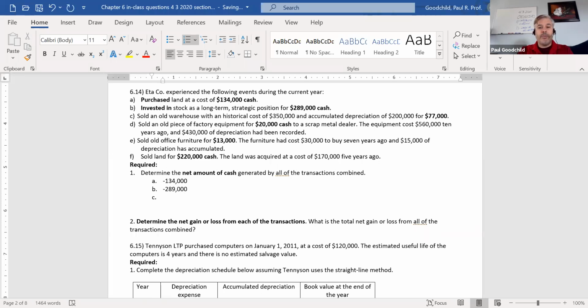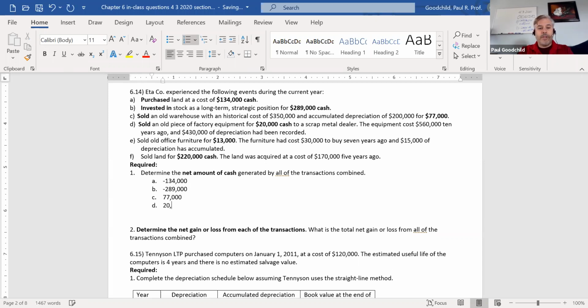C, sold 77,000, so this is a plus. We got sold. D is also sold, 20,000.